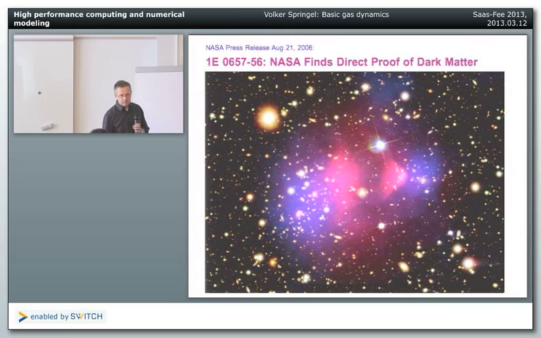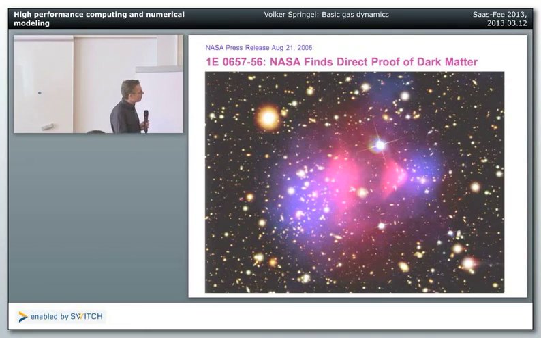And the bullet cluster, as many of you will know, is particularly interesting because it is one of the most convincing indirect, or direct if you want, proofs of the existence of dark matter. This is a press release image from NASA from a few years back, where in blue you see the mass peaks inferred from gravitational lensing observations, and in red you have this X-ray emission.